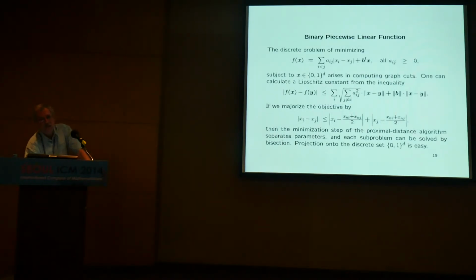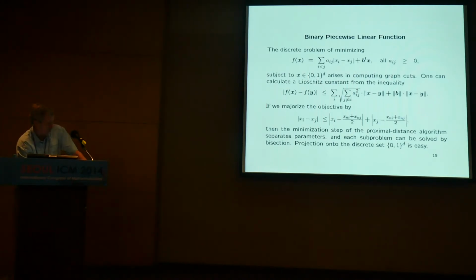Here's a typical example. Binary piecewise linear function, non-differentiable. You want to minimize this subject to the components of x being 0 or 1. So you have a discrete set. It's closed, but it's not convex. This arises in graph cuts. You can compute a Lipschitz constant for this problem. I put it on the slide. And the interesting thing is you can majorize the objective function, so you separate the parameters.